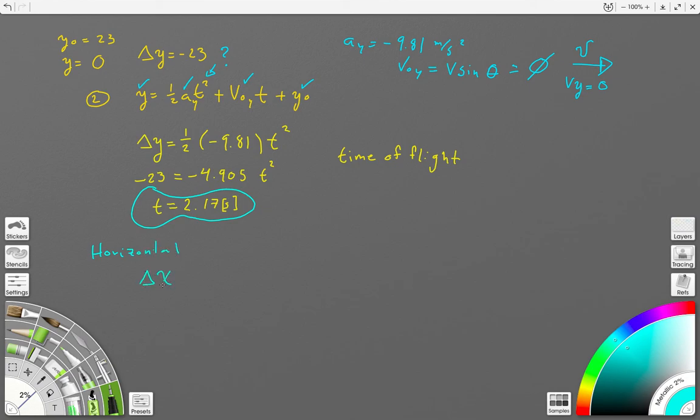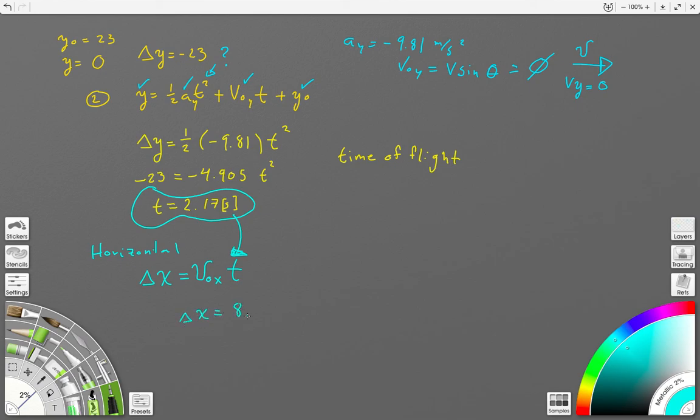We knew that our change in the x position would be equal to our velocity in the x direction times a certain interval of time. This time now has become this one. So it's just a simple matter of substituting.